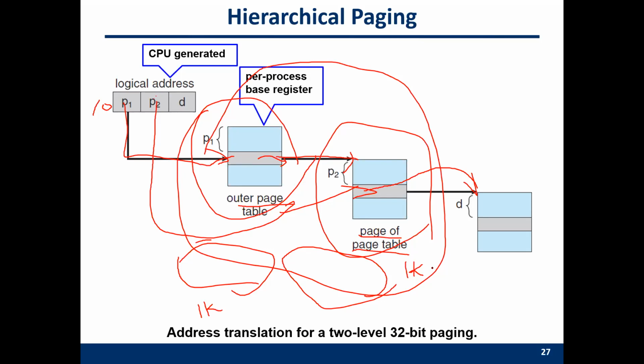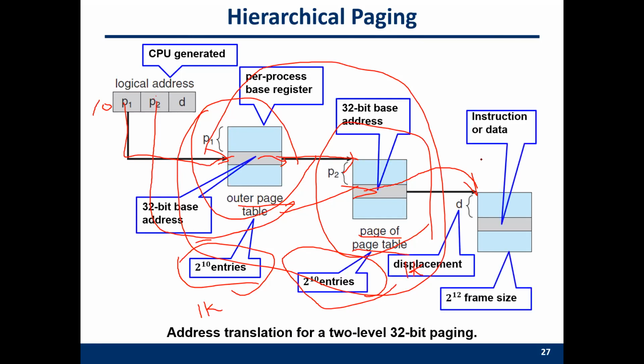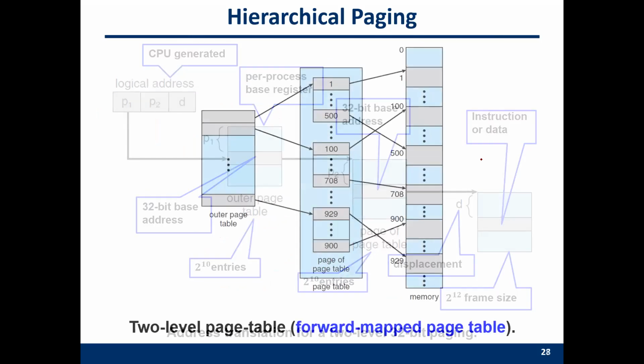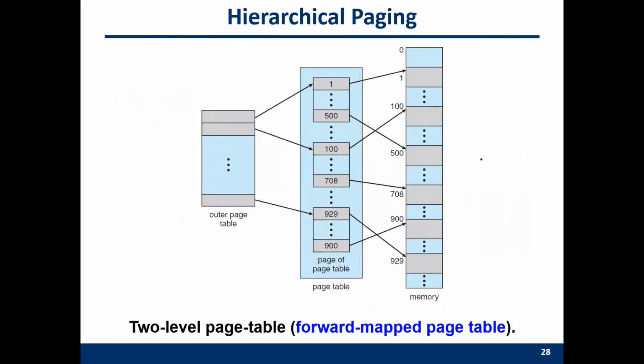So we reduce it from 1M entries to 1K entries plus another 1K entries. So this is the overview of the hierarchical paging.